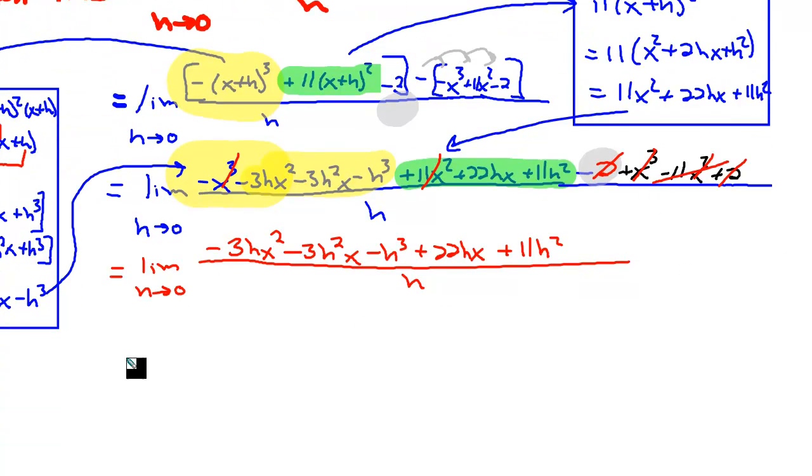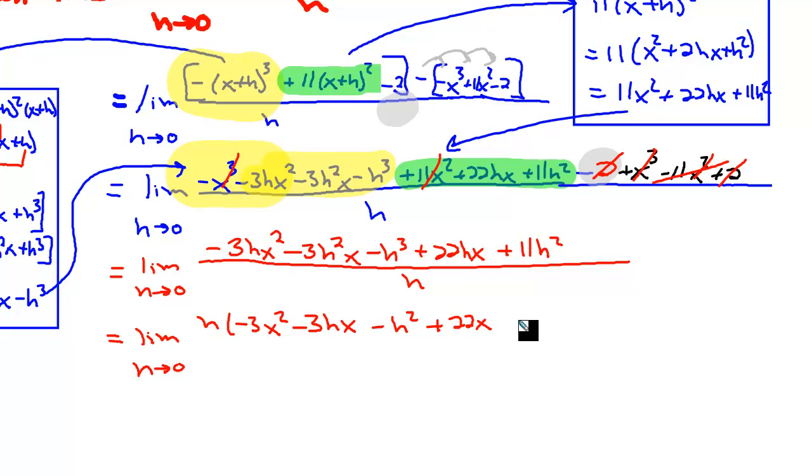Now I can factor an h out of the numerator. I get negative 3x squared minus 3hx minus h squared plus 22x plus 11h divided by h.